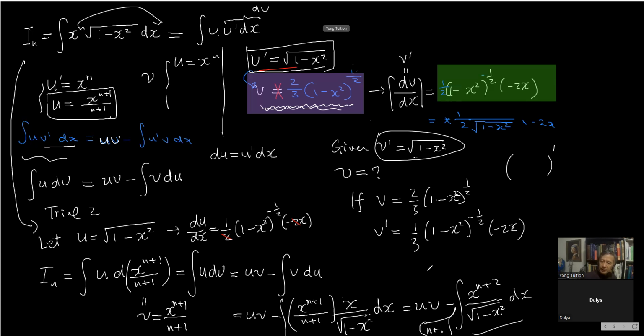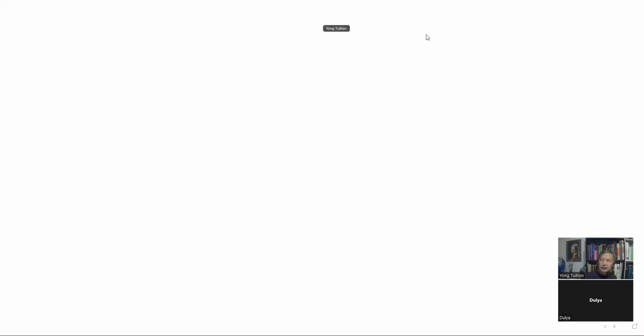Because the reason we cannot move forward is that there is a square root there. Can we use a substitution first? Because we can work out the general formula for this form. So the original formula is x to the power of n and root 1 take x squared, and dx.